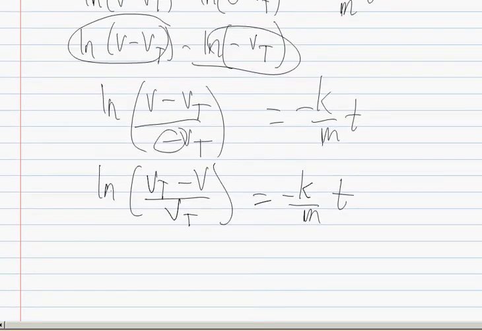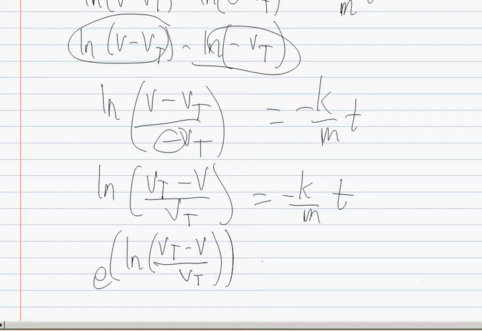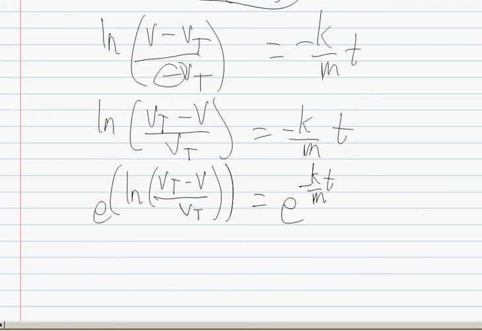Well, the only way to clear out a natural log is by taking each thing to the e power. So e to the ln of vt minus v over vt is going to equal e to the negative k over m times t. And that's right.